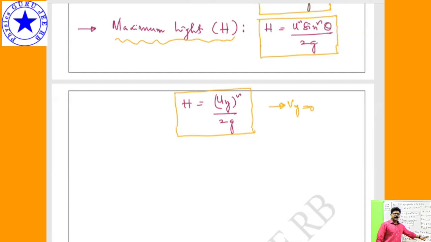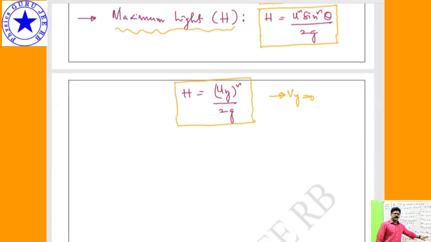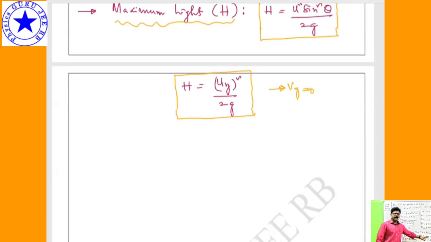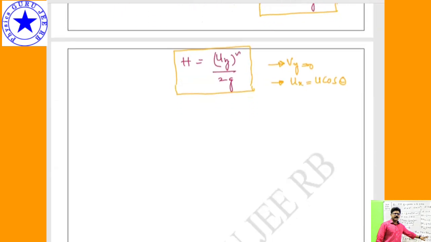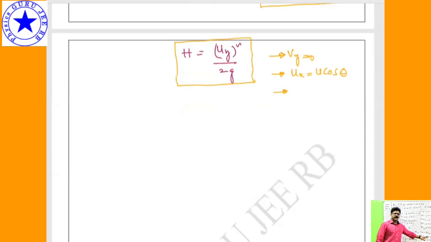Next, the velocity of projection is minimum at the highest point and equal to u cos theta. So at maximum height only the horizontal component will be there, which is nothing but u cos theta. Acceleration due to gravity g always acts vertically downwards. The angle between velocity and acceleration is 90 degrees at the highest point.